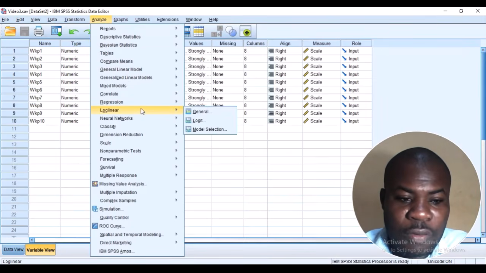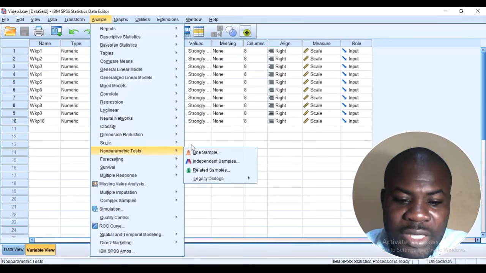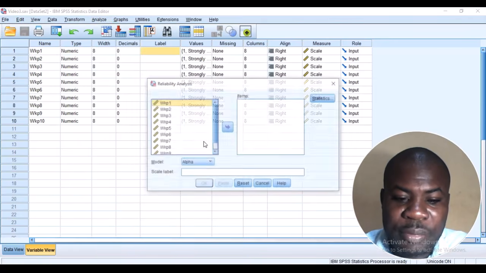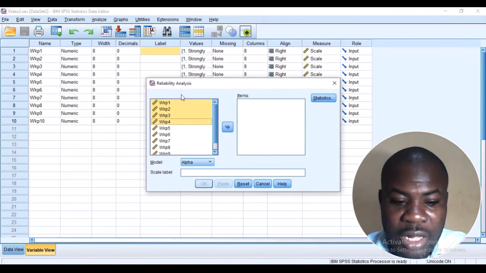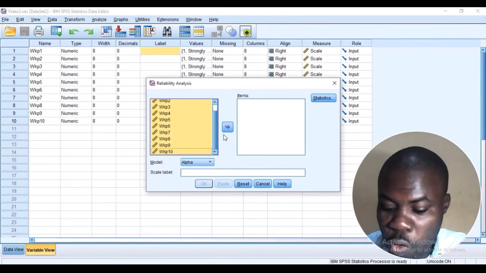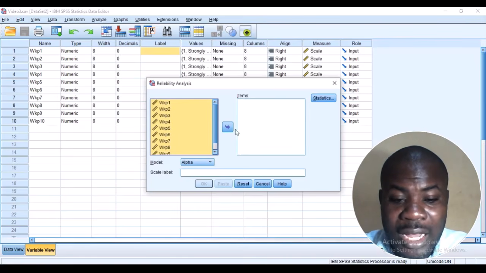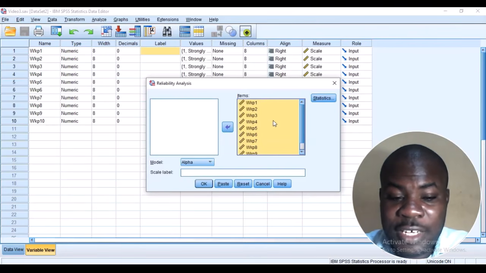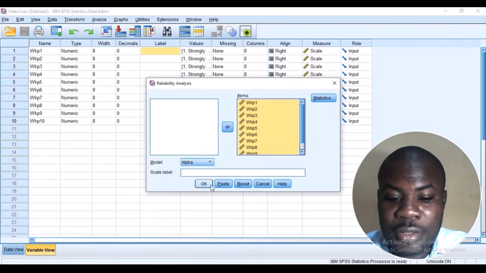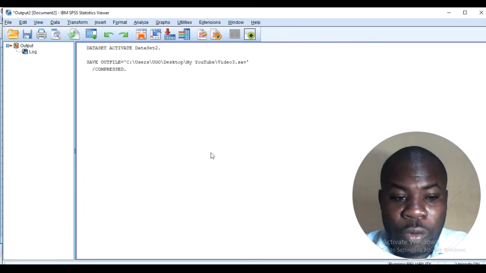So we'll head over to scale and then go to reliability. Then I will highlight all of them. You hold the shift button down on your laptop and use the arrow key and select all the items and put them into the item box, and you click OK.